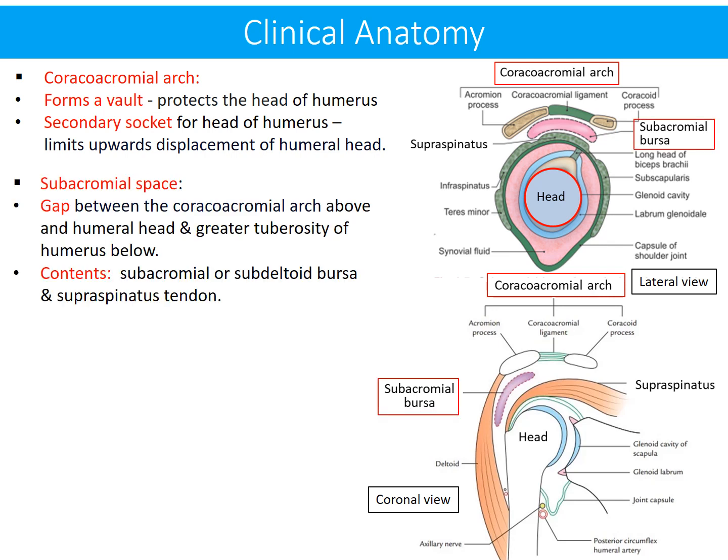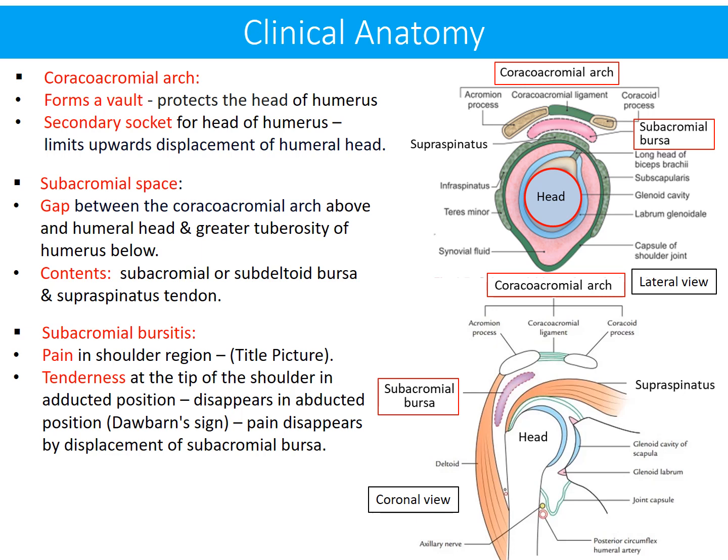There is a gap between the coracoacromial arch above and humeral head with greater tuberosity of the humerus below. This gap is named as subacromial space. It contains subacromial or subdeltoid bursa along with tendon of the supraspinatus muscle.